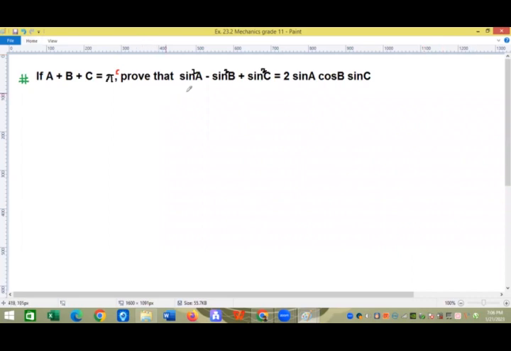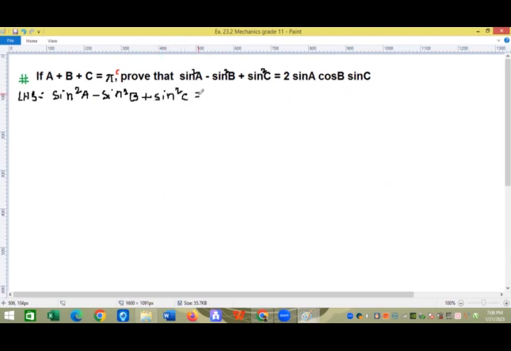So in fact it is to prove left hand side equals right hand side. So you can start by writing LHS, that is left hand side, is sine square a minus sine square b plus sine square c.